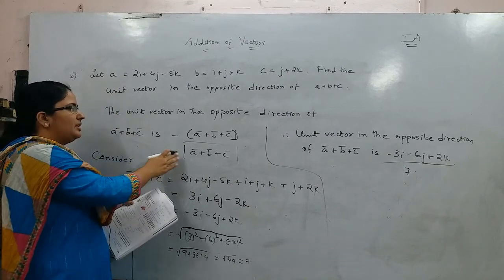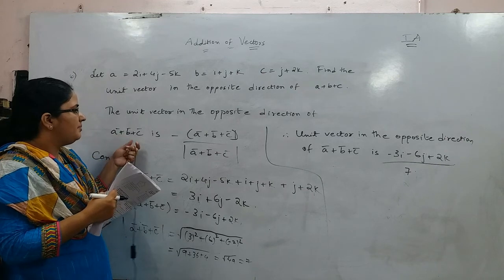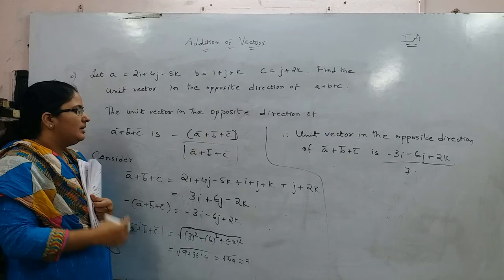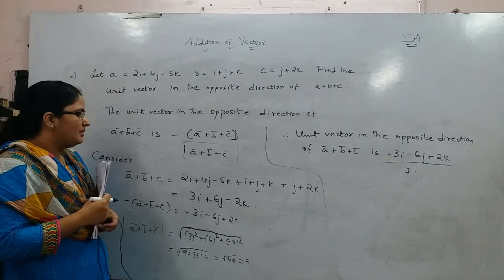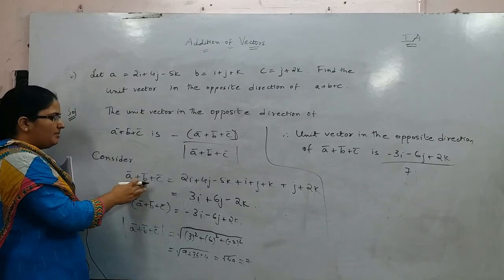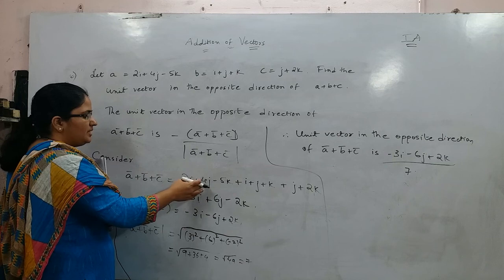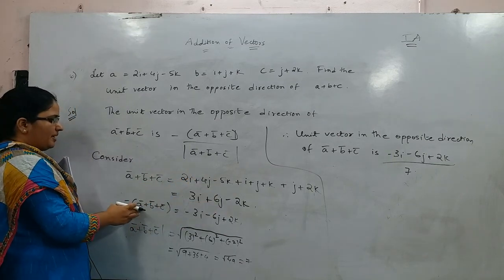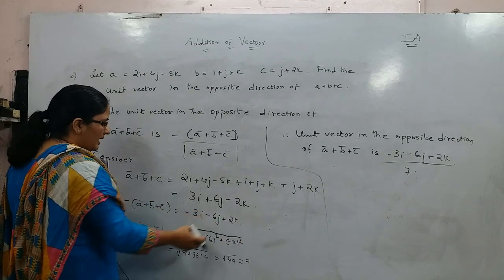This is the formula for the unit vector in the direction opposite to A bar plus B bar plus C bar: minus of A bar plus B bar plus C bar by modulus of A bar plus B bar plus C bar. How to find A bar plus B bar plus C bar? Add like terms, i terms with i terms, j terms with j terms, k terms with k terms. Minus of A bar plus B bar plus C bar is minus 3i minus 6j plus 2k.